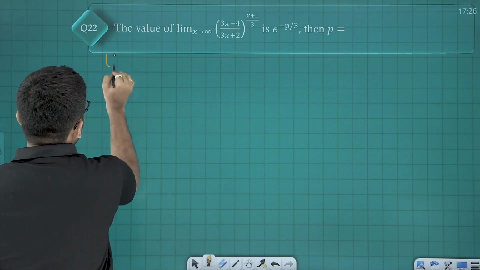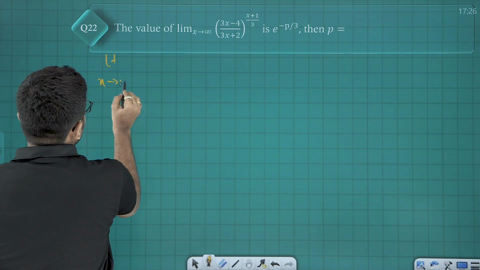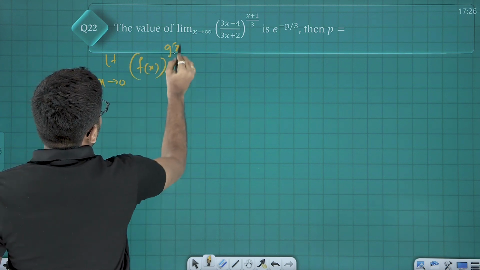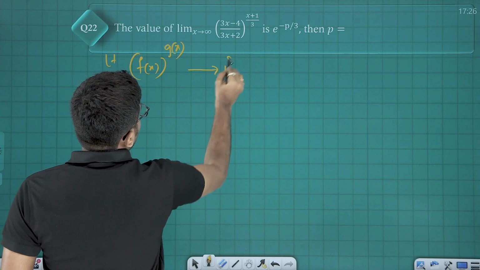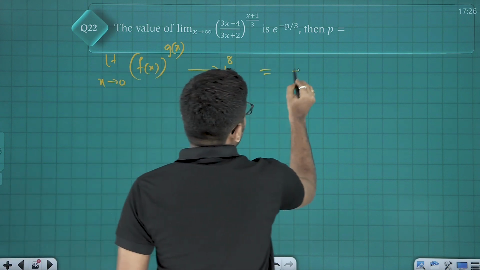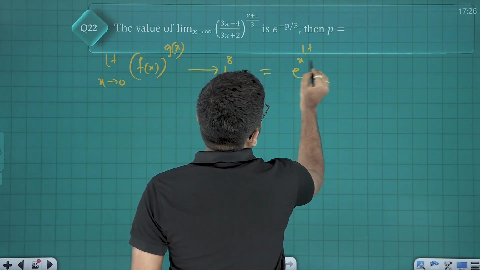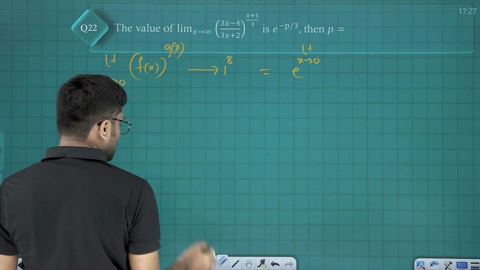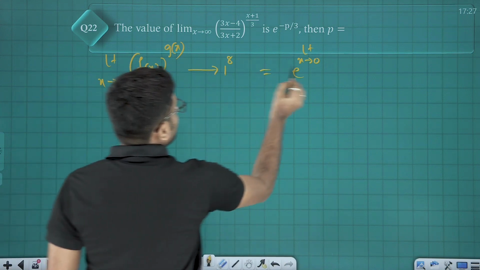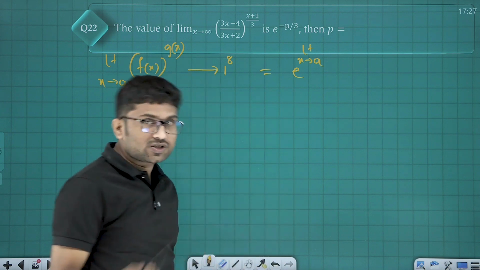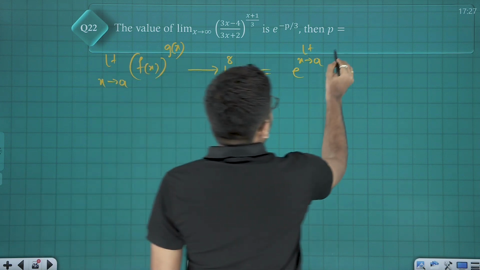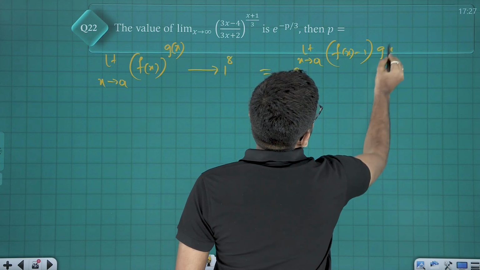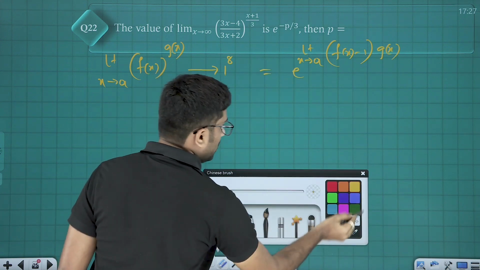For 1 power infinity form, limit x tends to a of f of x power g of x, if it is approaching 1 power infinity, this limit is equal to e power limit x tends to a, f of x minus 1 into g of x.